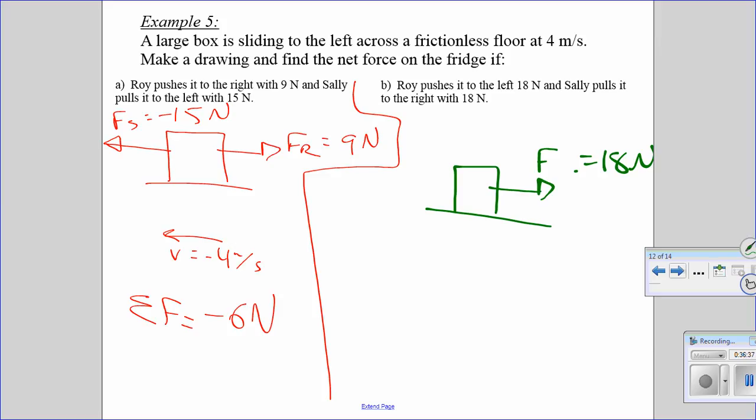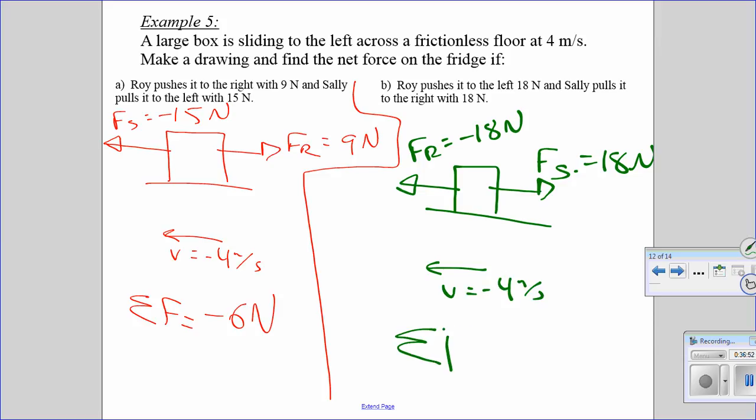So here's my force of Sally, and Roy pulls it to the left. All right, my velocity is still -4. What's my net force going to be here, you guys? 0.